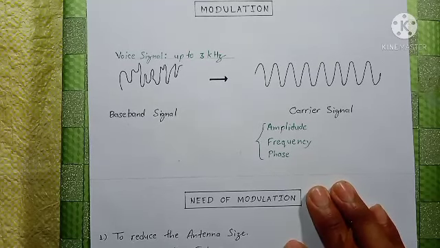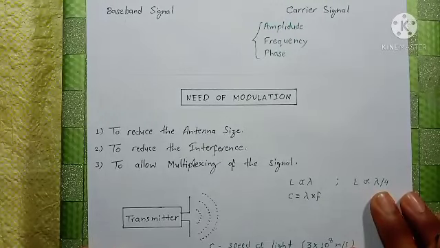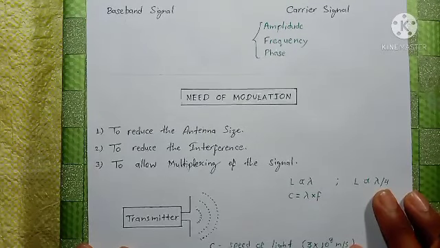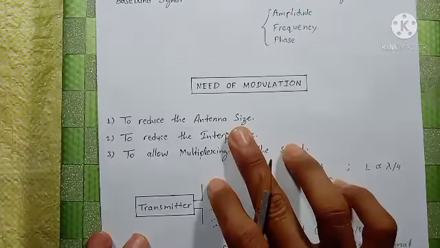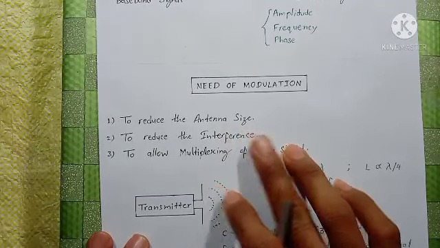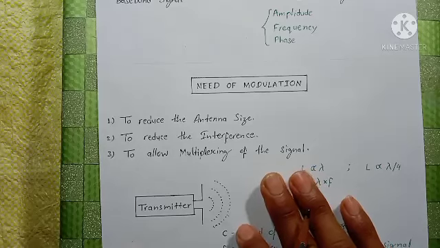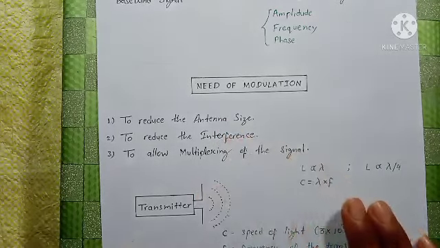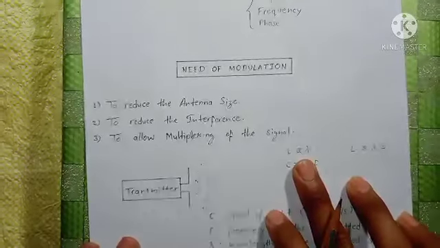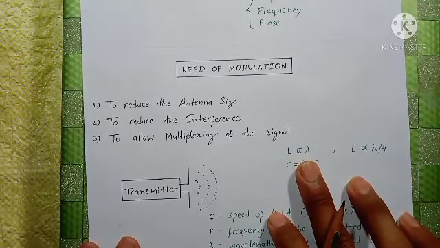Then our first question is why modulation is required. The first reason to use modulation is to reduce the antenna size. When the signal is transmitted wirelessly, the size of the antenna is a very important parameter. The size of the antenna is proportional to the wavelength of the transmitted signal.